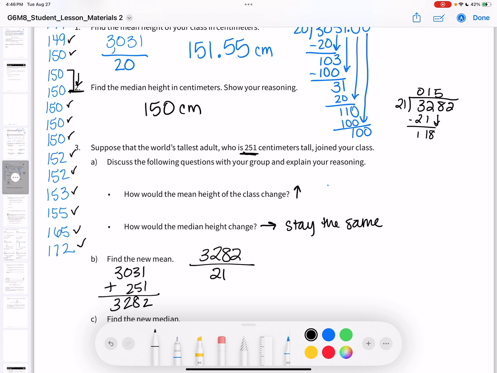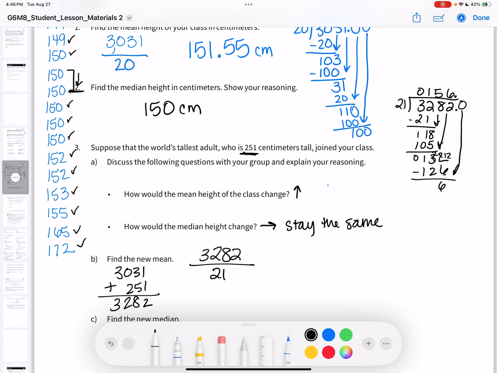So 5 times 1 is 5. 5 times 2 is 10. So that's 3, that's 1, that's 0. Bring down the 2. 21 goes into 132 6 times. 6 times 1 is 6. 6 times 2 is 12. Subtract that out. That's a 2, that's a 12, that's a 6. Then we add our decimal and add a 0.